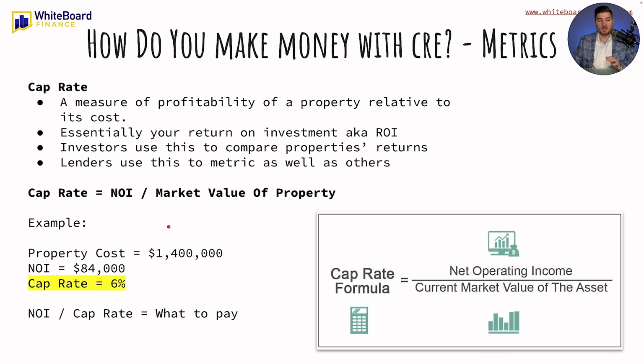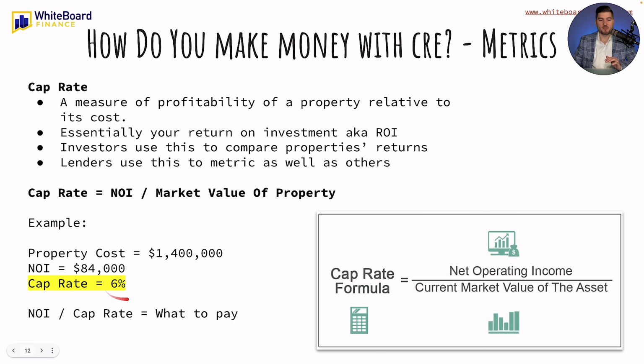But let me give you a quick real-life example. To calculate cap rate, you take your NOI, which we figured out in the last slide, which was $84,000. You divide it by the market value of the property, or what the property is being sold for. Let's just pretend the property cost is $1.4 million for our building with an $84,000 NOI.